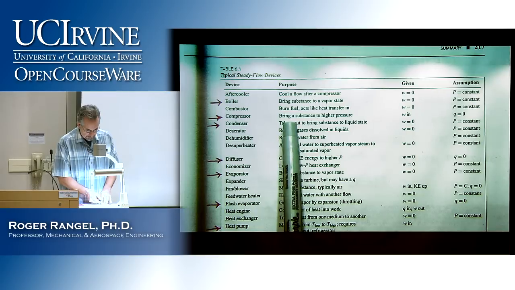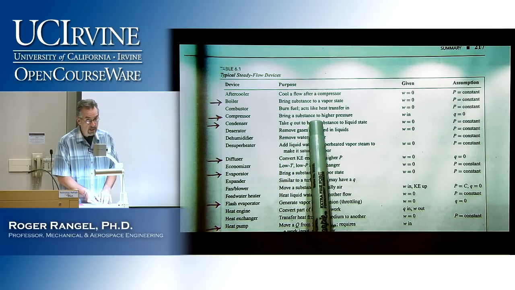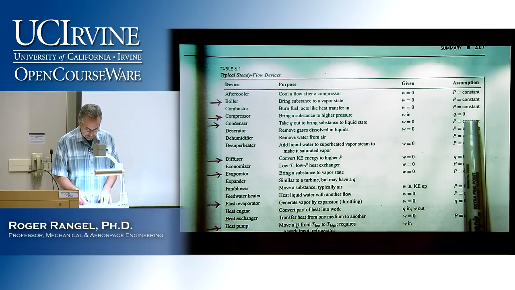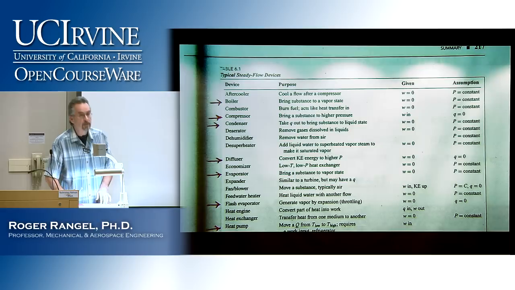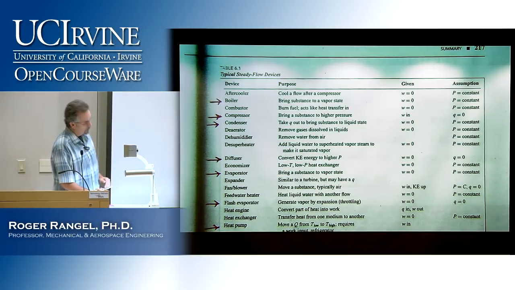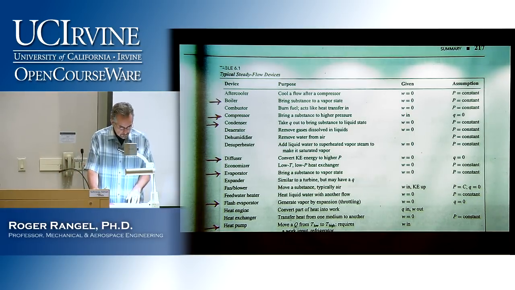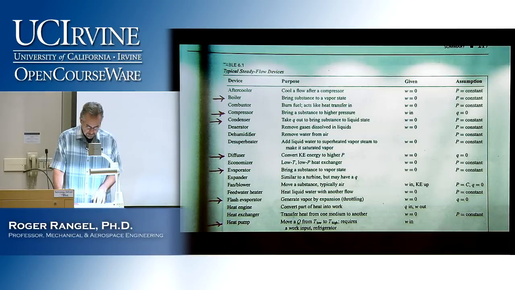As I said earlier, its main purpose is to bring a substance, in this case typically a liquid, to a higher pressure. And it tells you that a common assumption would be to set Q equal to 0, Q being the heat transfer. So that means that you can usually solve the first law of thermodynamics for a pump by assuming that there is no heat transfer.